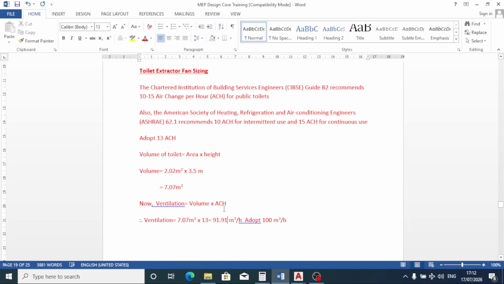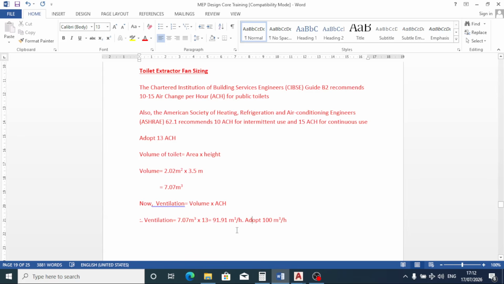So now we are having 91.91 meter cube per hour. We are going to adopt 100 meter cube per hour for this particular toilet.